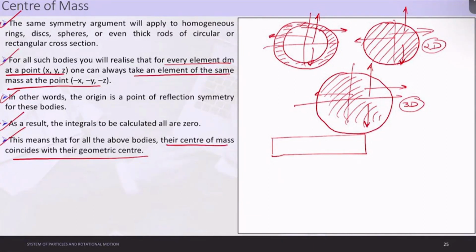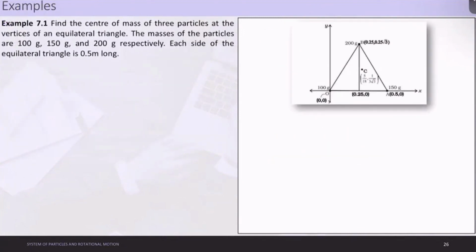Fine. That being said, now let us try to solve one of the questions regarding the center of mass. Simple question. What is the mathematical final conclusion we obtain? For every mass, we will get some x, some y, some z.